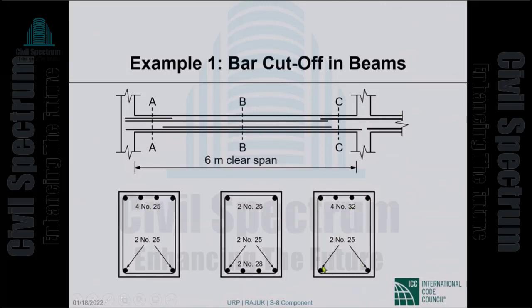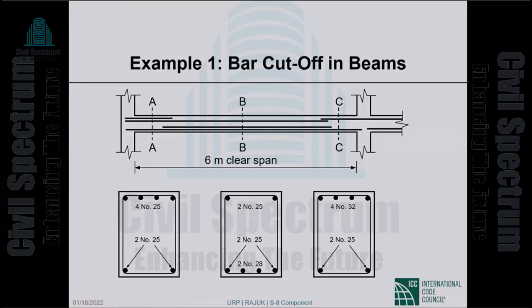Those are the bars. We have 2 number 25 and 2 number 28 at midspan. Some of those will have to continue into the supports. Remember, at least a third or at least a quarter.